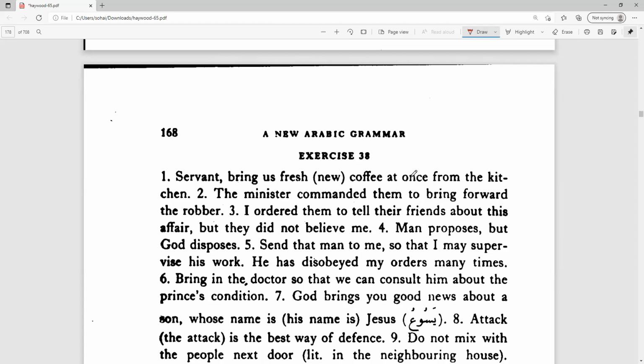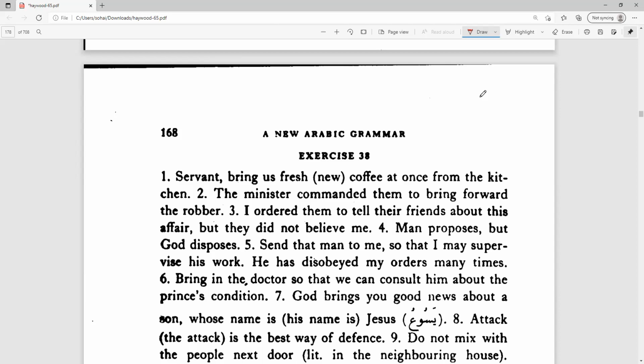Number 1, Farhana, let's try. Servant, bring us fresh coffee at once from the kitchen. To bring, we just learned earlier, ahdara yuhdiru is the verb, form 4. We also did qaddama yuqaddimu, form 2.